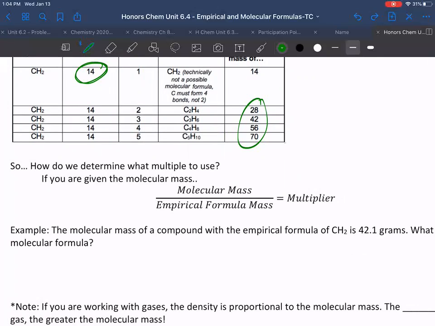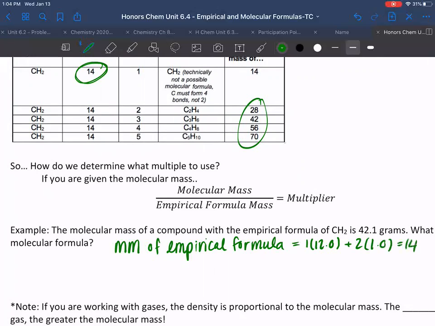Well, first, you need to figure out the molar mass of the empirical formula. Well, this was already calculated for us. We know it's 14, but just to remember, you have 1 mole of carbon plus 2 moles of hydrogen, you get 14. So all you have to do now is take the mass of your compound, 42.1, divide that by the empirical formula mass.